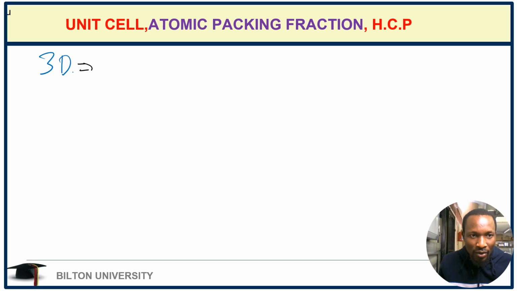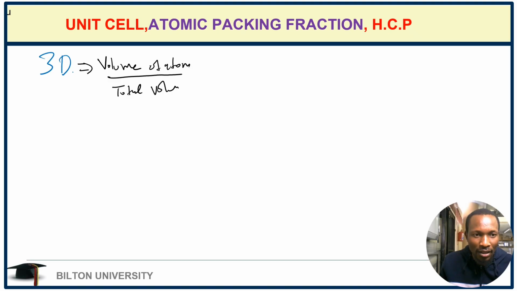So in 3D we are looking at the volume of the atom divided by the total volume in a unit cell. Now let's draw our HCP in 3D. This is a little bit tricky. So let's draw our HCP.